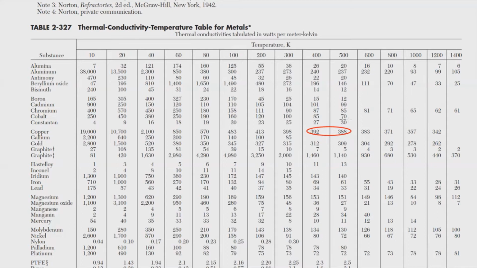Well, if we take 388 and 383, we have 5, but the difference is just 1 unit. So in this case, if we have 392 and 388, then we could simply say that our value of copper thermal conductivity should be around here.